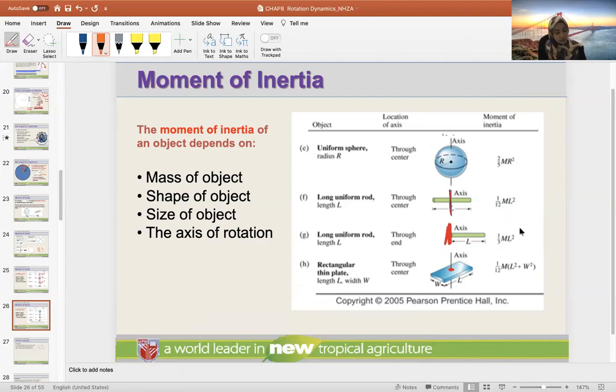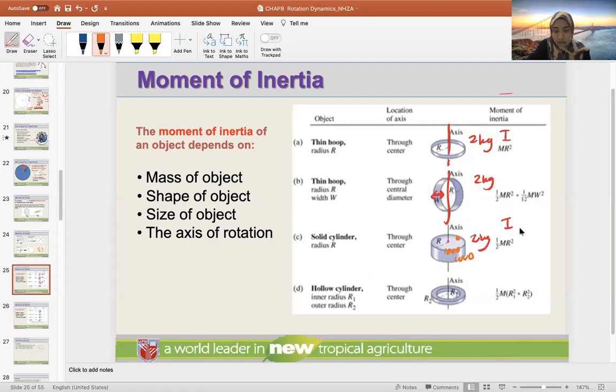Oh, so you have A to G, right. You don't have the rectangular, also don't have D. The hollow cylinder you have. C you have. Oh, B is not there. Okay, good. You have less to memorize. I will highlight this to my team, to my unit.